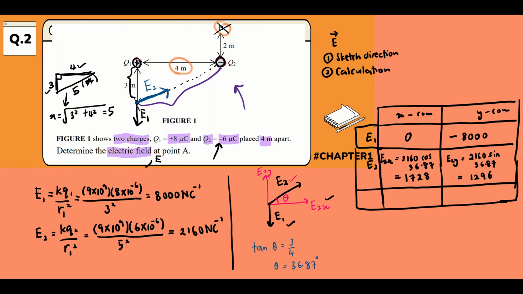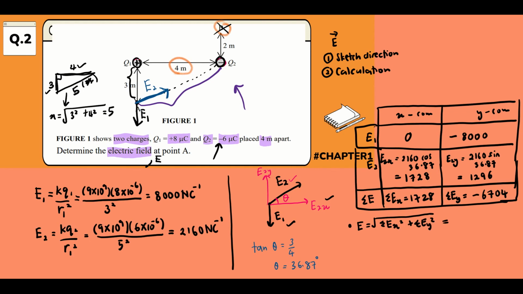Then we find the total electric field for the x-axis, which is 1728, and the total for the y-axis, which is negative 6704. To get the total electric field, we use this equation: the square root of the summation of Ex squared plus the summation of Ey squared.